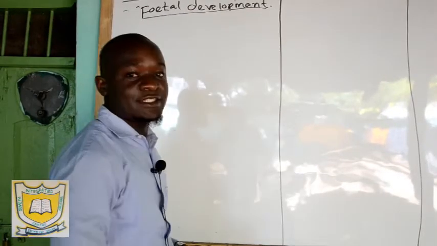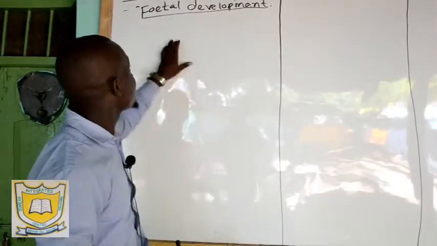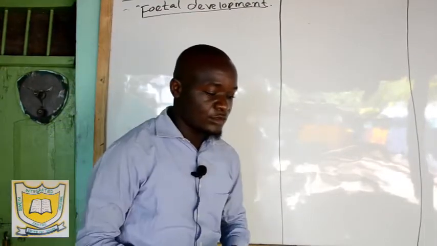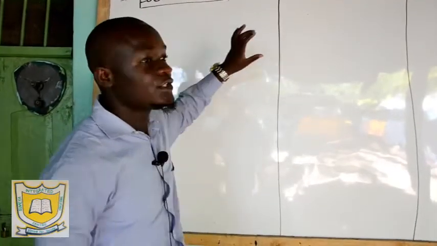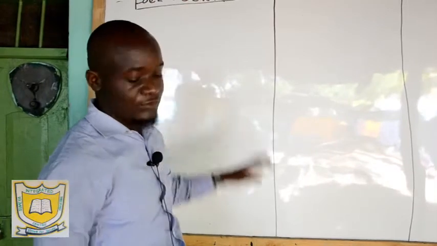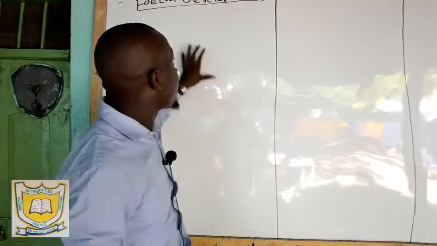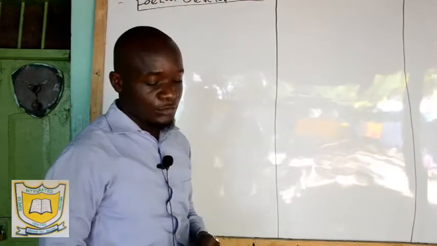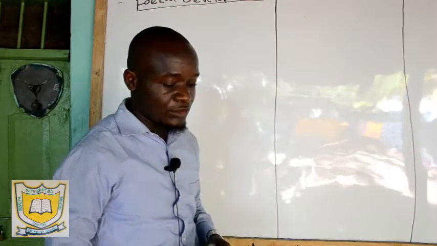During our last topic discussion, you talked about fertilization, where you gave the definition of fertilization and what happens during fertilization. You talked of the sperm uniting with the ovum so that it can form what we call a zygote.